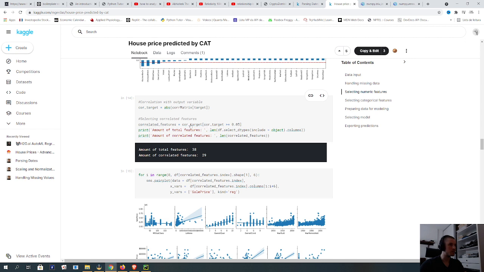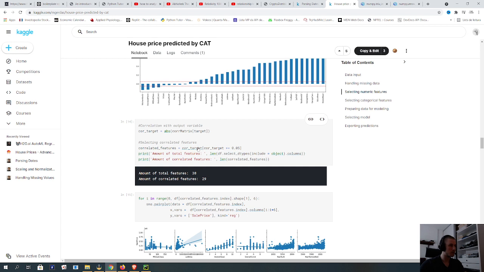So correlated features is the series or data frame. This gives the absolute value of the correlation between sale price and other features.